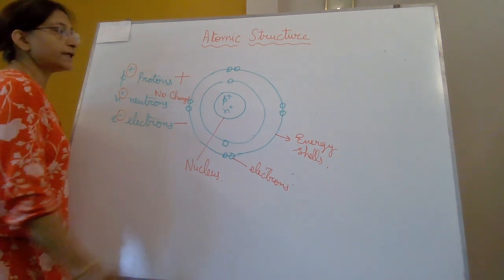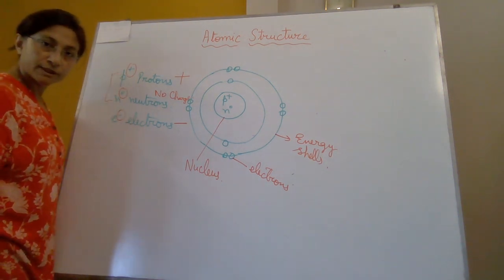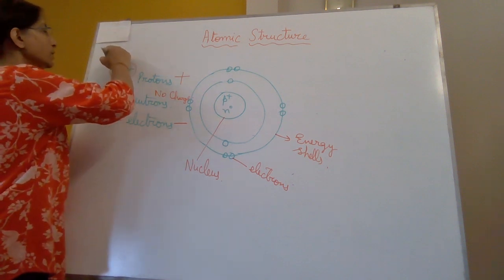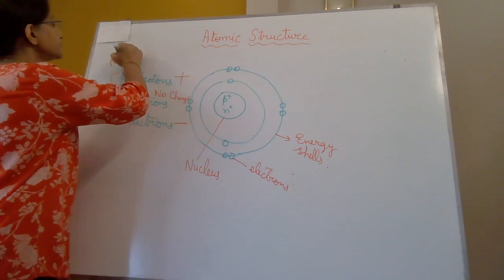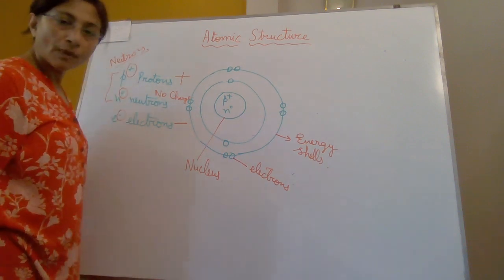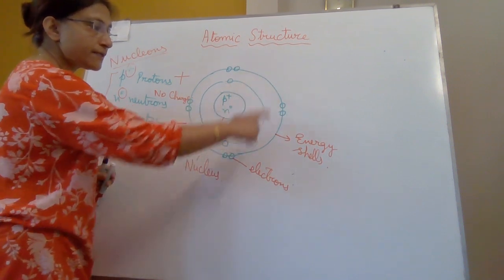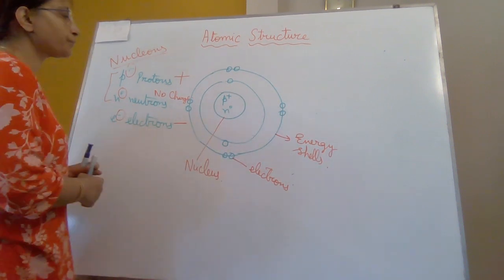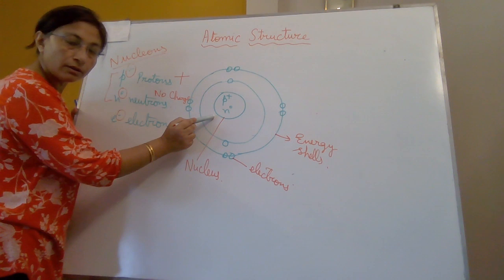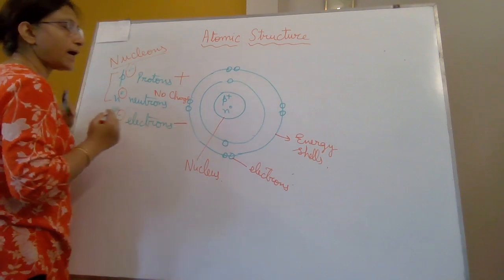So basically we can say that inside the nucleus, the proton and neutrons which are present, we call them collectively as nucleons, whereas the electrons are themselves revolving around the nucleus. These nucleons which are present inside the nucleus represents the total mass of an atom.